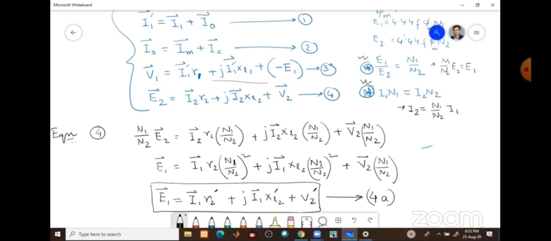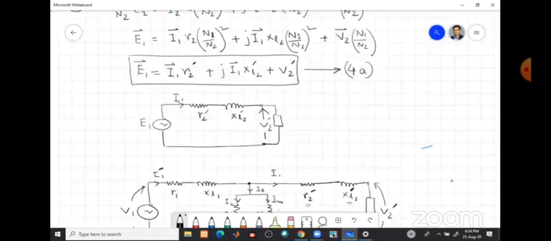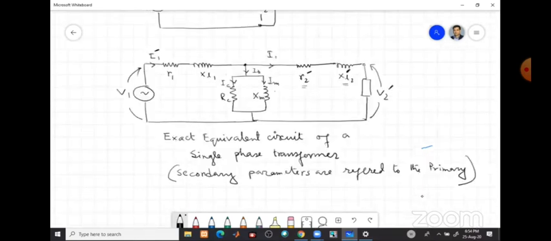Then the parameters of the primary will be modified, and that will be called another exact equivalent circuit, the equivalent circuit referred to the secondary. This circuit is referred to the primary, and that circuit will be called referred to the secondary. So that you can remember.